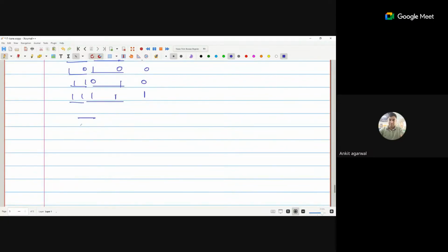So that means a 2 input XOR gate and cascading of these two is equivalent to a 2 input XNOR gate and cascading of these two.